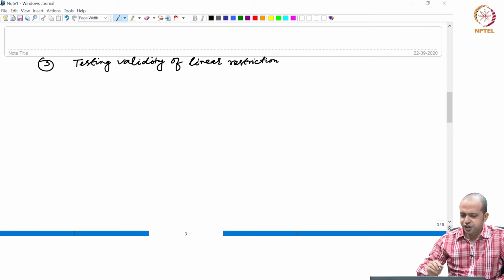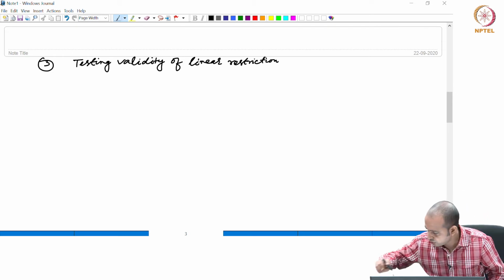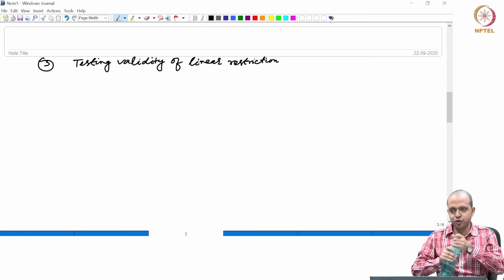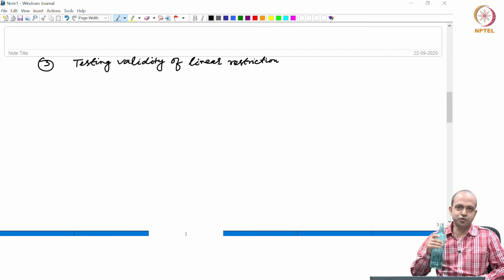So, this particular linear restriction we can discuss in the context of a production function, that would be more meaningful. So, I will take you to the production function that we were discussing yesterday.